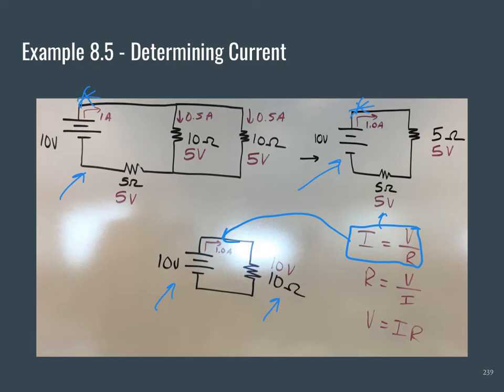Once I had the current throughout, I could say the voltage drop is the current times the resistance. So 5 ohms times 1 amp is 5 volts. 5 ohms times 1 amp is 5 volts. And because parallel circuits each get the voltage drop, each branch got 5 volts. I could again use I equals V over R to get the current through each of the branches. So you simplify the circuit and then you work your way backwards to analyze it.